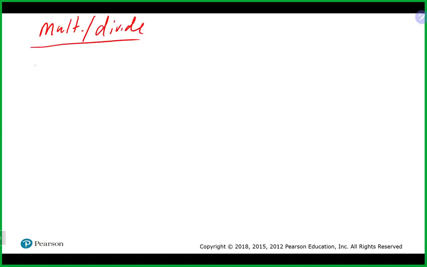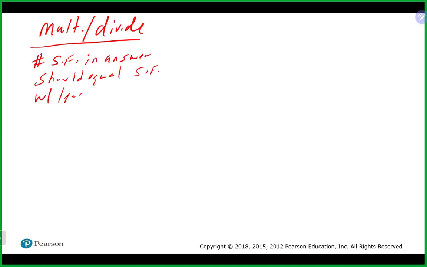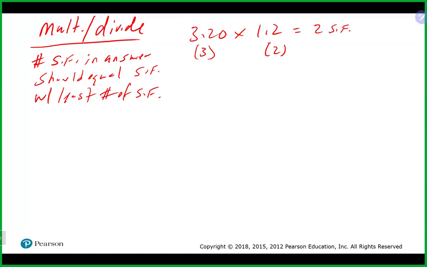When we multiply or divide, the number of significant figures in the answer should equal the number of significant figures in the value with the least number of significant figures in your calculation. So if we took 3.20 times 1.2, that is 3 significant figures and that is 2 significant figures, so our answer should end up with 2 significant figures.